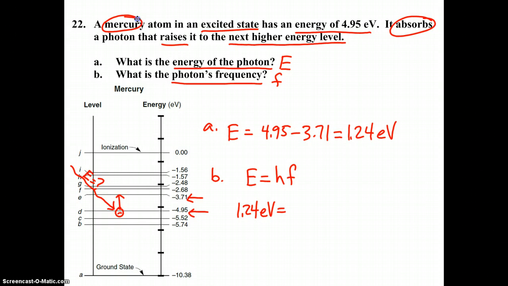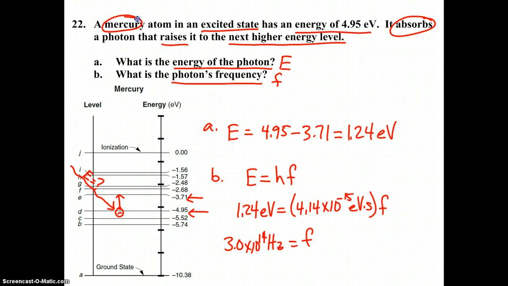And because we're using electron volts, we want to use the electron volt second form of Planck's constant, 4.14 times 10 to the negative 15 electron volt seconds times f. Divide and solve for f. Go ahead and do that on your calculator. Pause the video if you need to. And we should get 3.0 times 10 to the 14th hertz. And there's your answer.